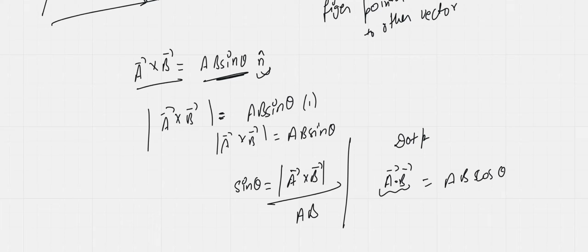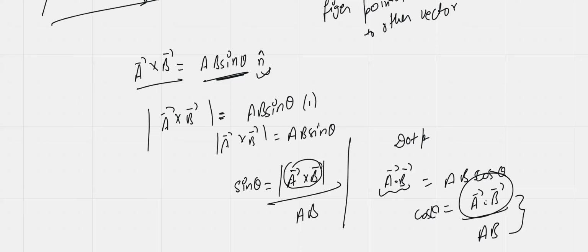We know how to calculate this, but we are not yet aware how to calculate the cross product part. We have a formula, but I don't know how to calculate it right now. For now, I really don't have any idea.